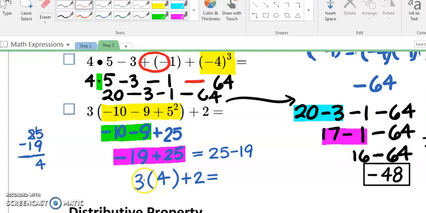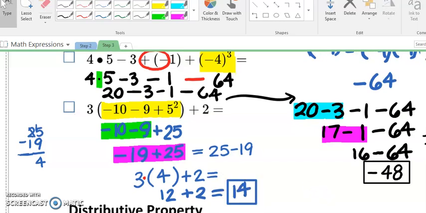There's no symbol here, but that means multiply. So I'll put a little dot there. That means 3 times 4. 3 times 4 is 12. Add 2, we get 14. That's our final answer for this problem.